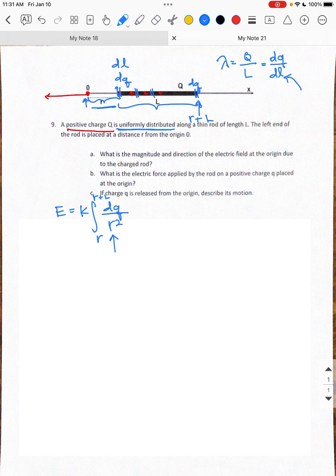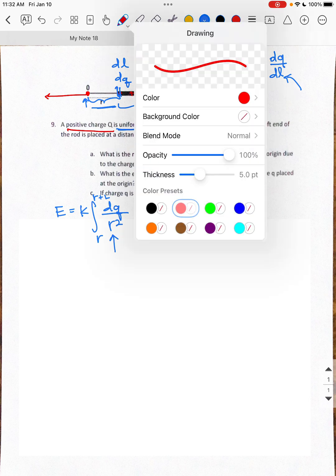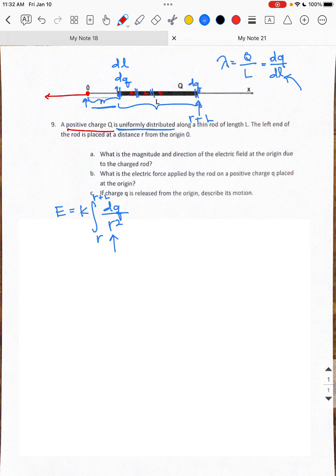It doesn't really matter how you do this. One thing I like to do is that if I see it's on an x-axis, I will generally use this length to represent the variable of that axis. So instead of dl, I'll call it dx. And then because r is my initial distance, I represented that here, and I can call the changing distance x squared.